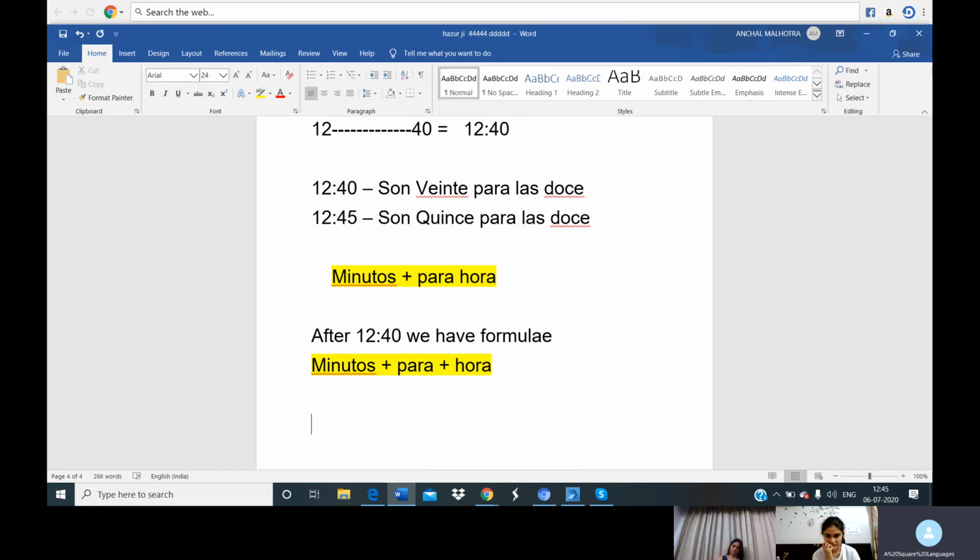For example, if we have 12:55, what will you say? Son cinco. Very good. We are left with 5 minutes. Son cinco para las doce. Cinco first, we have minutes. Is it clear to you?